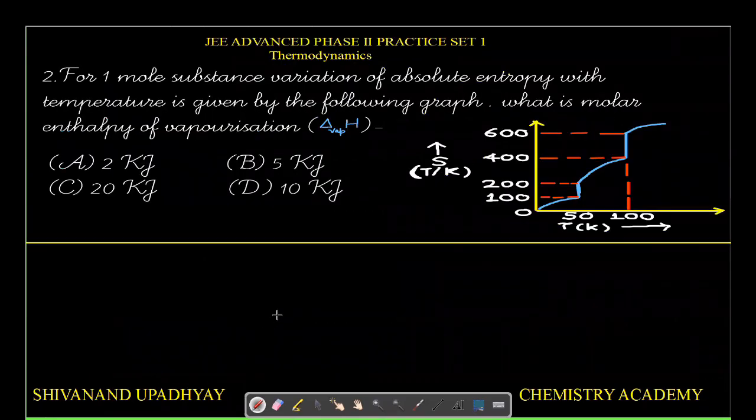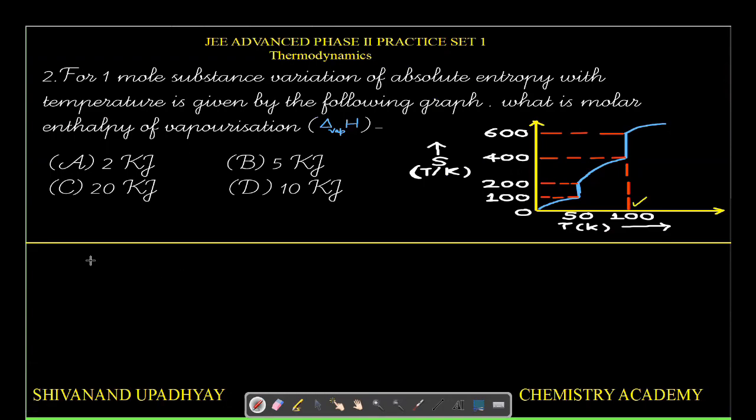So now let us solve this question. They are asking about enthalpy of vaporization. So we can say here that this is solid, then here liquid will be there. And then this is heating of liquid, and here vaporization of liquid is going to take place. So I can write that vaporization is taking place at boiling point.